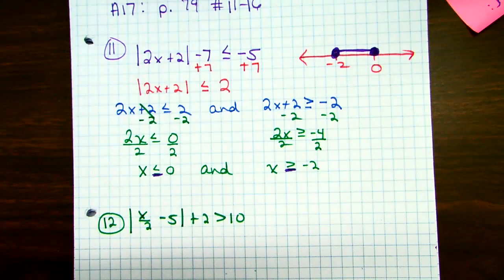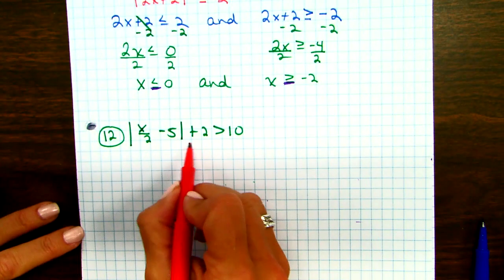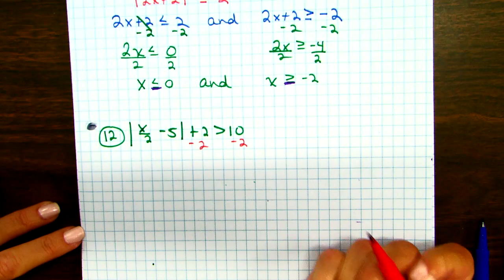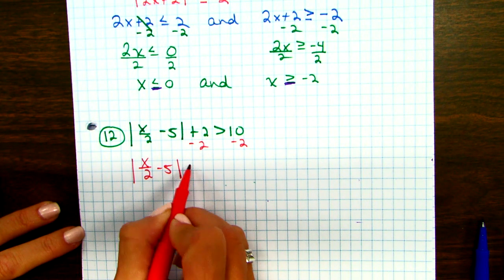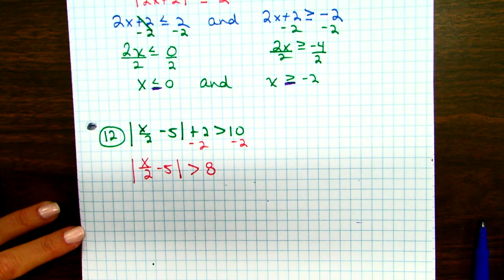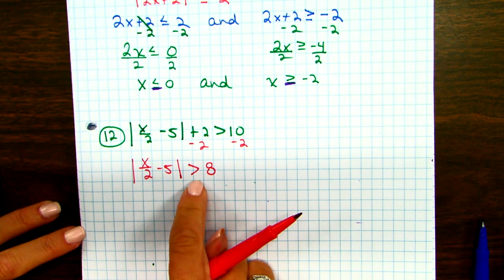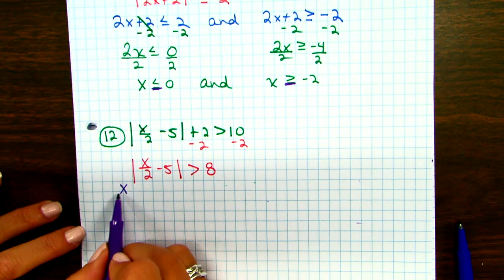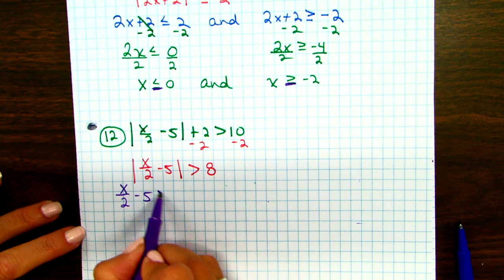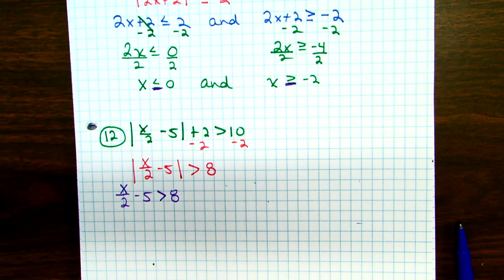Okay, so number 12, clean up, right? We can subtract that too. Greater. It's an or problem. Write it like I see it. No changes at all, except take the absolute value symbols off.